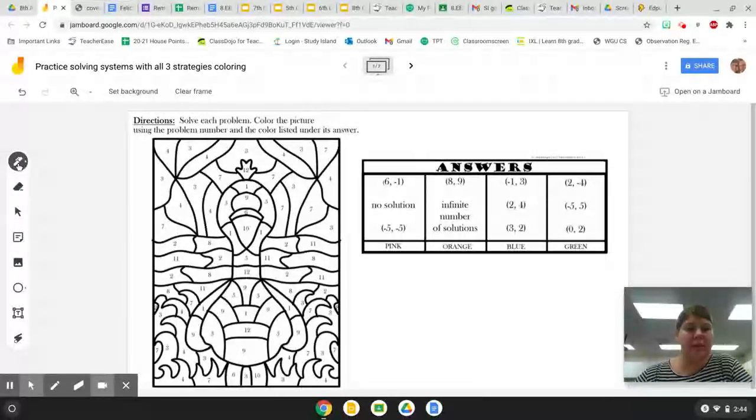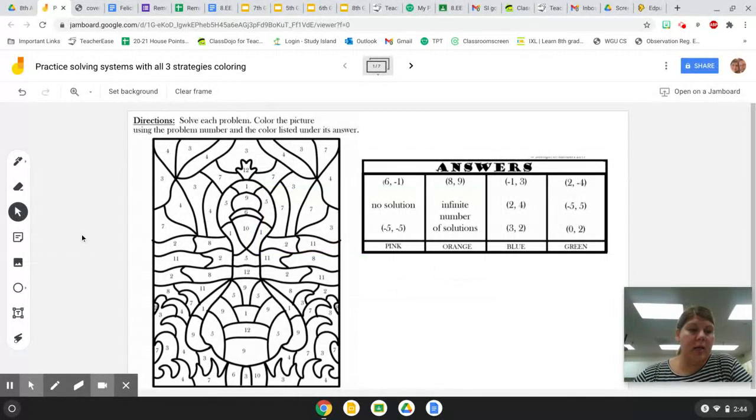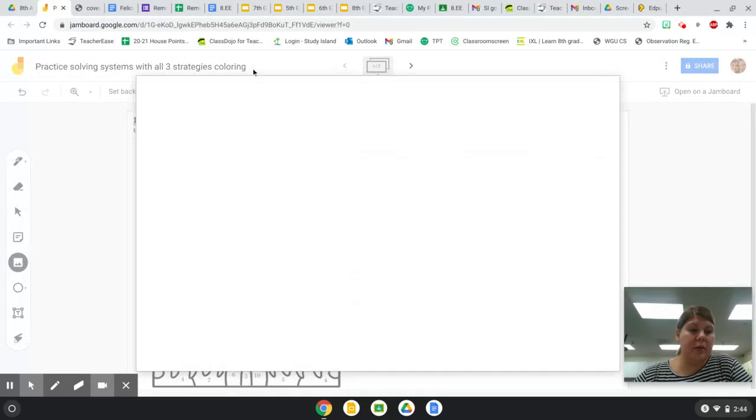If I click this pen option over here, it gives me a marker tip, a highlighter, or a brush. It gives me different colors, an eraser tool, and a normal mouse selector to click on things. If I want to add sticky notes, I can add sticky notes. I can also insert a picture.